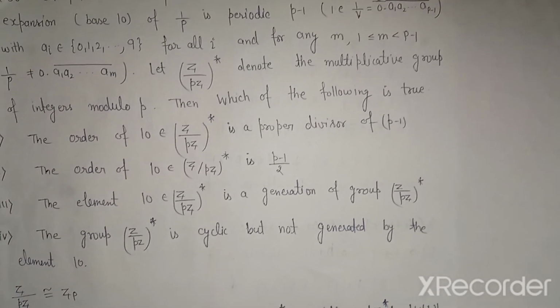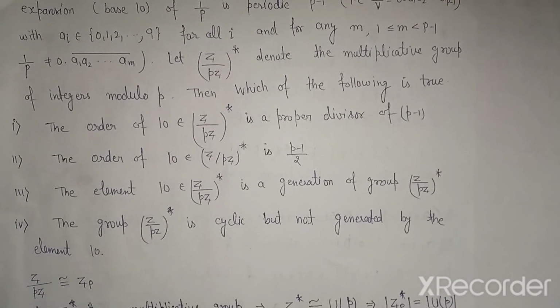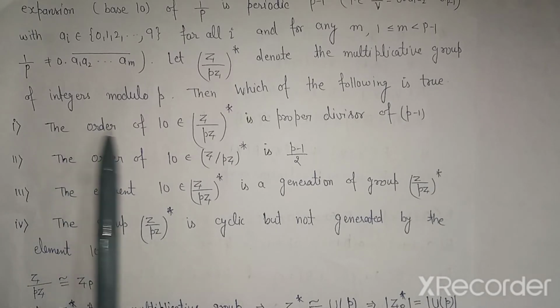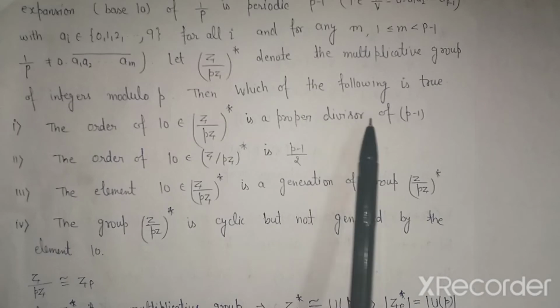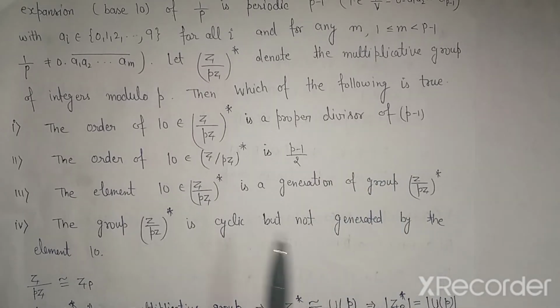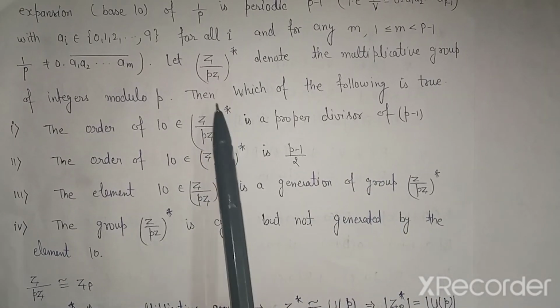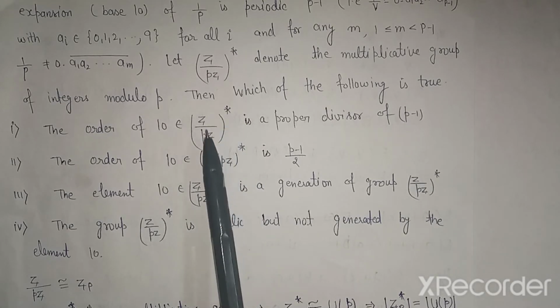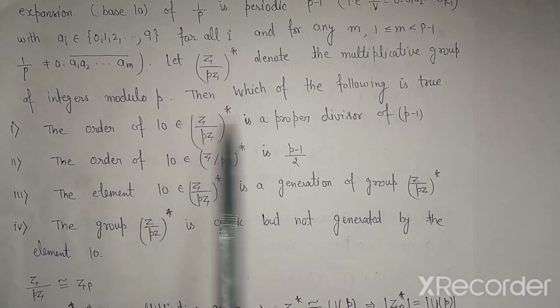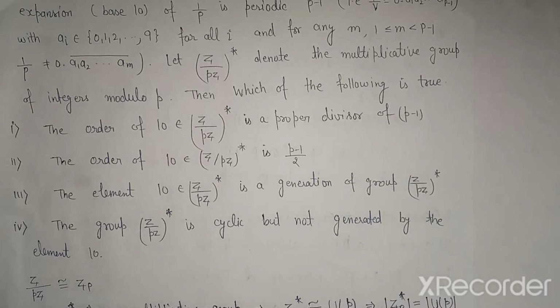Now I will solve this question by discarding the options. The first option is: the order of 10 in Zp star is a proper divisor of p minus 1. We see that the order of the group Zp star is p minus 1, and they say that the order of 10 is a proper divisor of this.